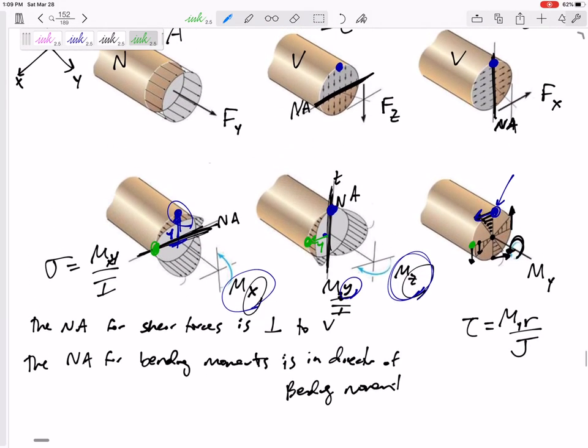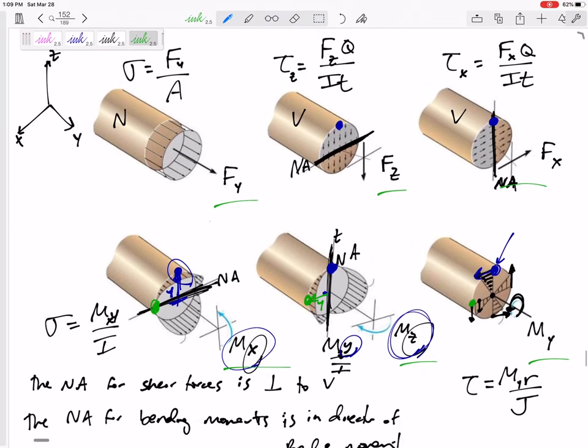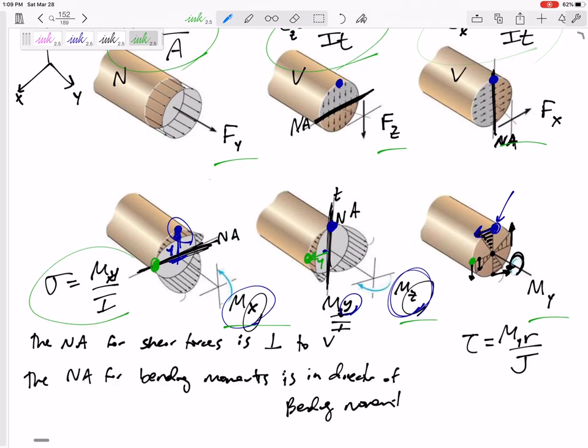Okay, 3 forces and 3 moments, all create their own type of stress. That force creates that stress, that force creates that stress, that force creates that stress. This moment creates that stress, this moment creates that stress, this moment creates that stress.